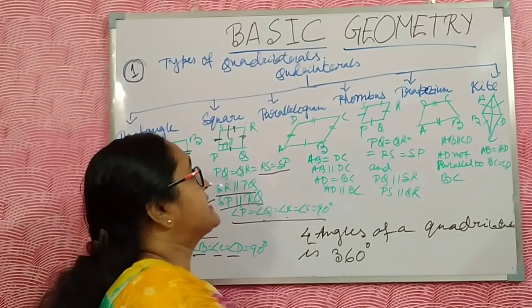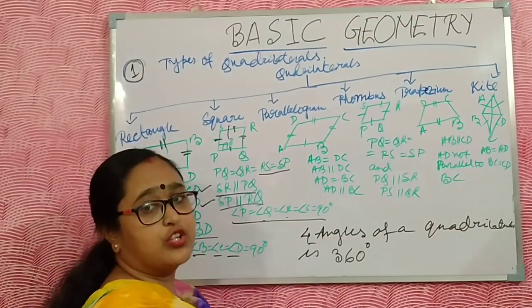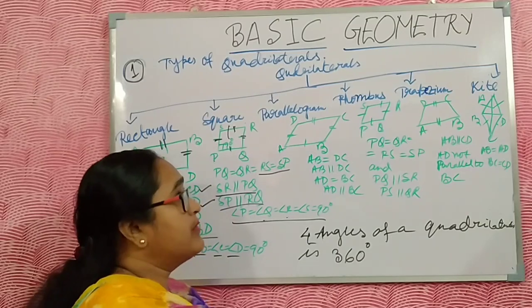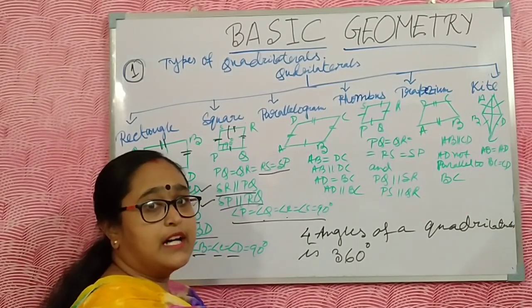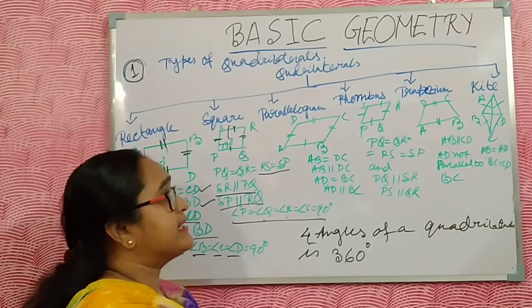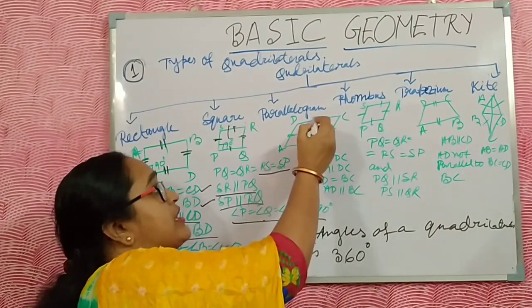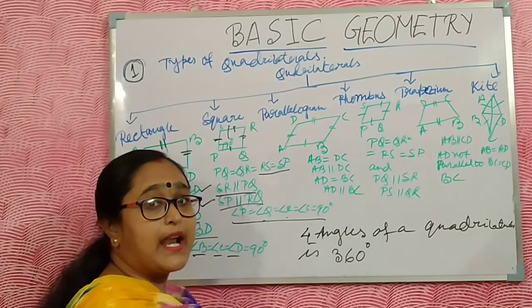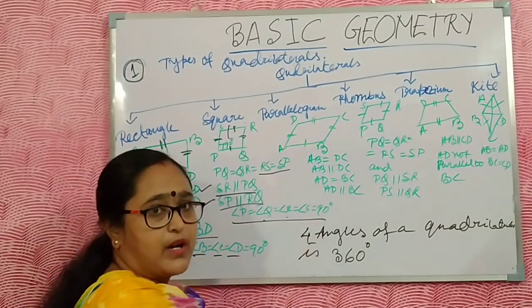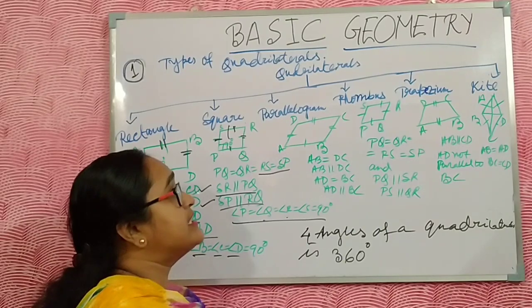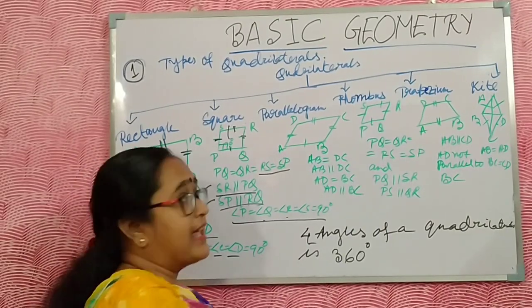Now I discuss the parallelogram. A rectangle is a special type of parallelogram. A parallelogram is a quadrilateral having opposite sides equal and parallel also.